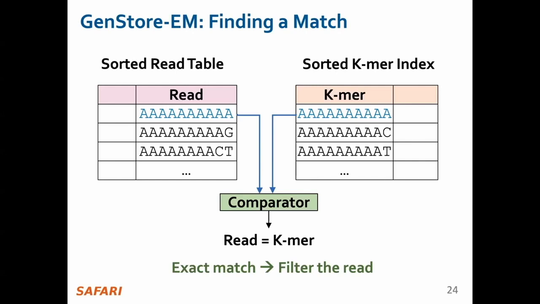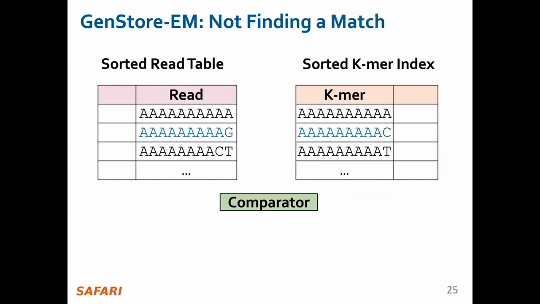It means that it will be filtered out from further read mapping analysis in the read mapper, and it does not need expensive computation. So we'll mark this read as an exact match and filter it from inside the storage. Then we go to the next element in each of these tables to find more matching or non-matching reads.